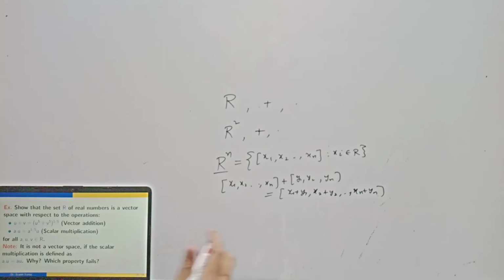Then the set of matrices of order m cross n also forms a vector space under usual addition of matrices and usual scalar multiplication of matrices. The collection of all polynomials of degree less than or equal to n forms a vector space under usual addition of polynomials and usual scalar multiplication. The meaning of usual, or ordinary, you are familiar with.